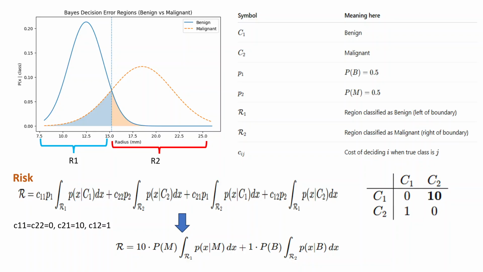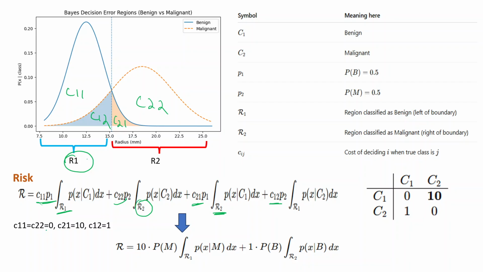Now, finally, this is the thing, that is C11 here, and then it is integral over the region R1, and then here the C22, and it is integral over the region R2, and then C21 here, and it is integral over the R2, this region, and then next it is C12, that is an integral over this particular R1 region, but with respect to the class 2.